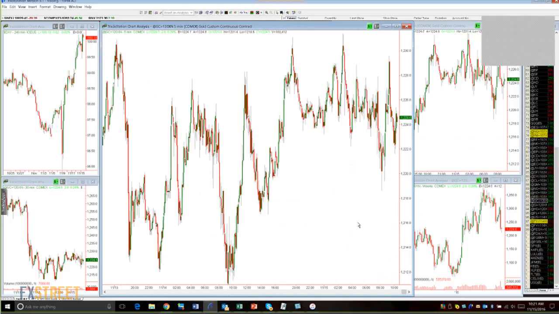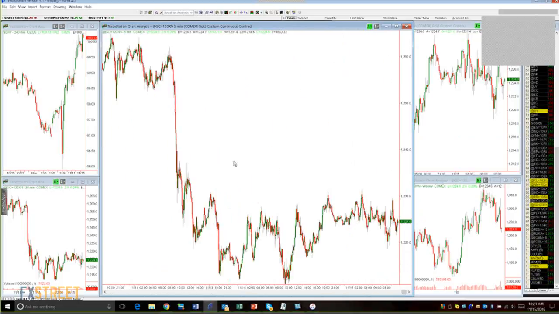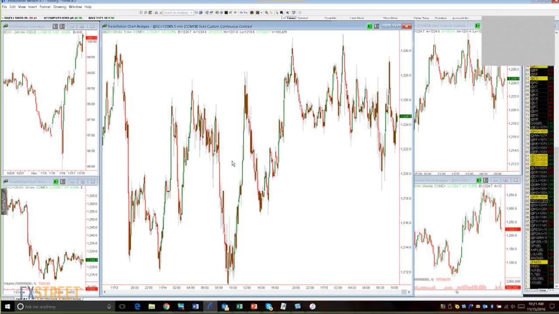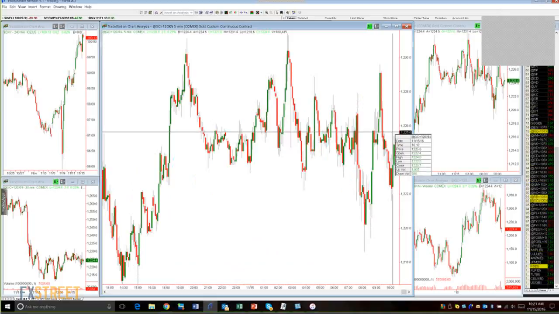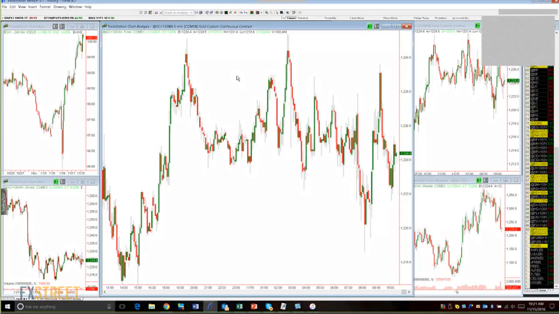I know a lot of people day trade gold, which is totally fine, and a lot of the reason for that is because it's a high price point market. You're actually into a level right now, so let's see if there's room here. Let me just go down to... No, this looks fine actually.